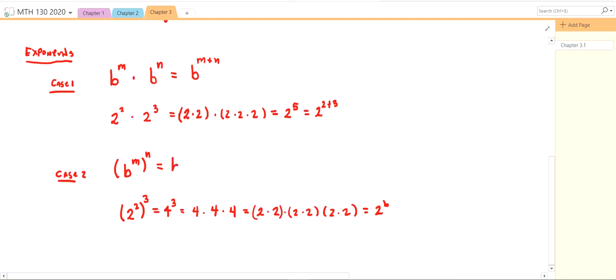So whenever you have a situation like this, this equals b raised to the m times n.